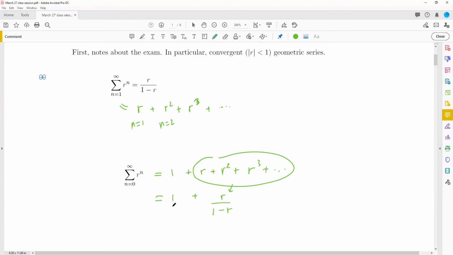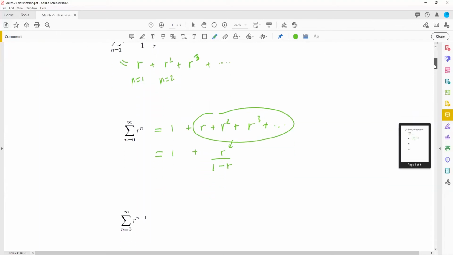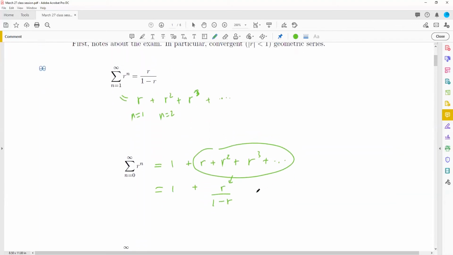But you still have this 1 that you're adding to it. And the 1 is going to be 1 minus r over 1 minus r. So if you add these two together, the r's cancel in the numerator and you just get 1 over 1 minus r. So if it starts from 0, that's 1 over 1 minus r.